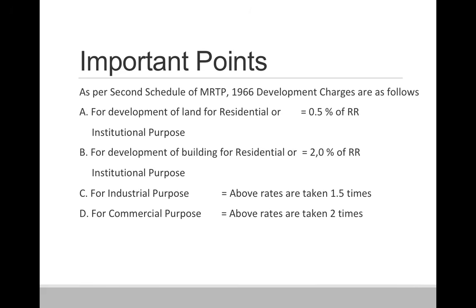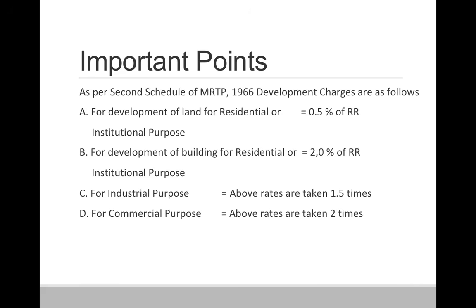These are only for development of land, and if we are opting for development of a building for residential or institutional purpose, the development charges are 2% of the ready reckoner rate. If we are developing both land as well as building, charges will be applicable as 0.5% for land and 2% for building of the ready reckoner rate.